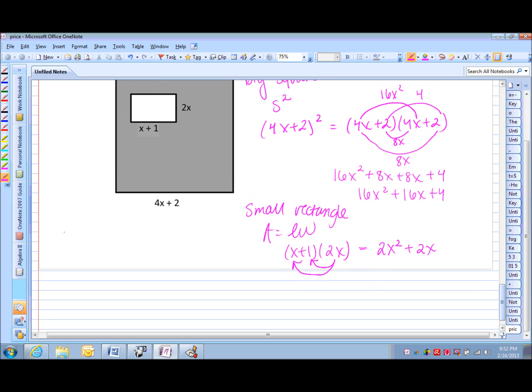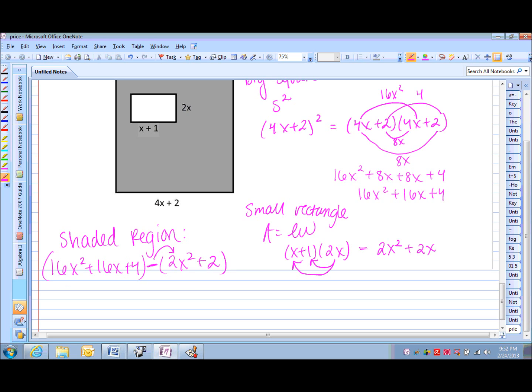So now, in order to find the shaded region, we subtract the two areas. So I'm going to subtract 16x squared plus 16x plus 4, the area of the bigger square, minus the area of the smaller square, which was 2x squared plus 2.